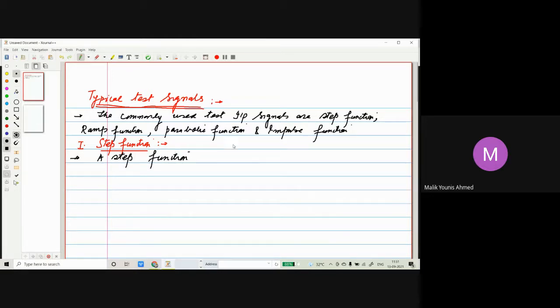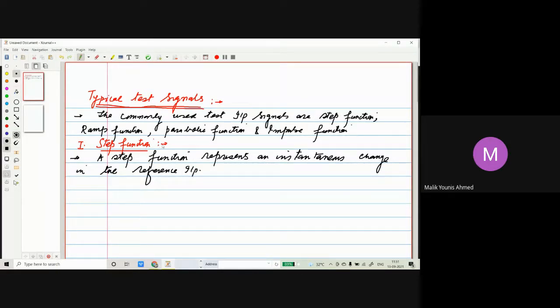Step function represents an instantaneous change in the reference input.